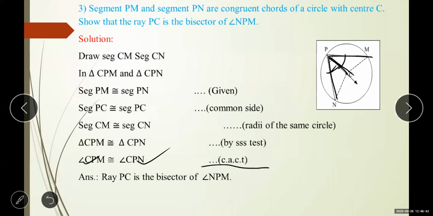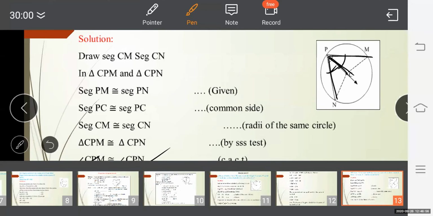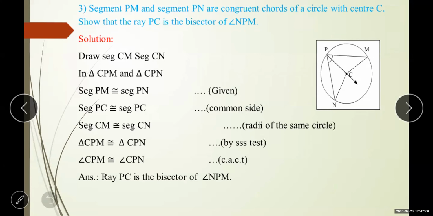If their degrees are equal, that means PC is the bisector. So ray PC is the bisector of angle NPM. With this, question 6.2 is completed. So have you understood this sum?